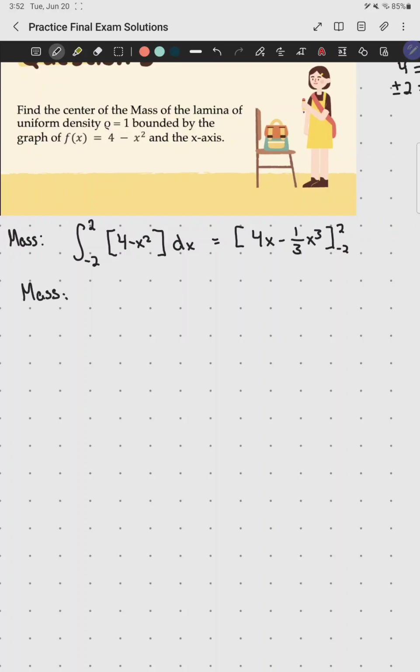So our mass is going to be 16/3 minus 32/3.